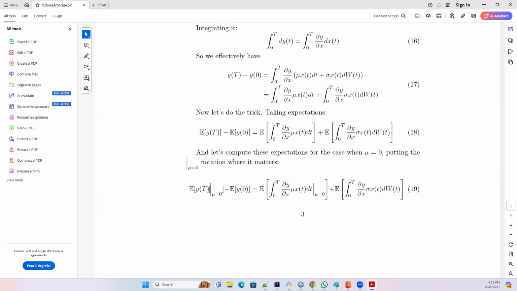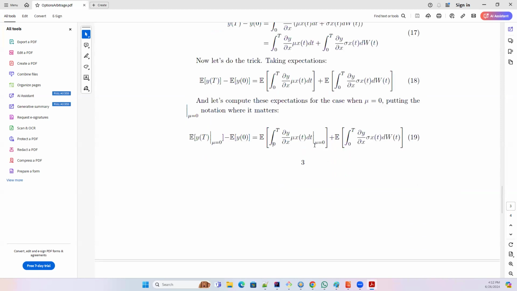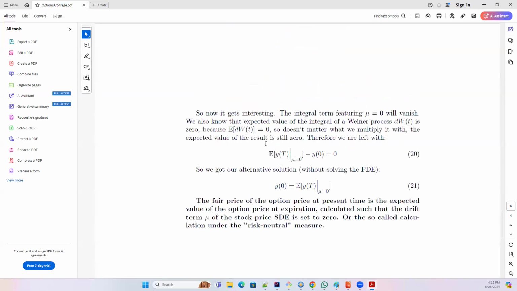And on the left-hand part, we are going to be left with the expected value of option price at expiry minus, well, expected value of the stuff now, it's stuff now. It doesn't matter. It's no expectation. It's just a value.